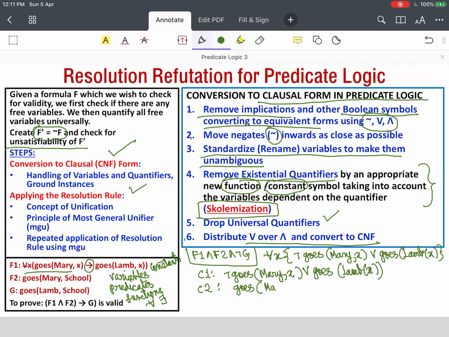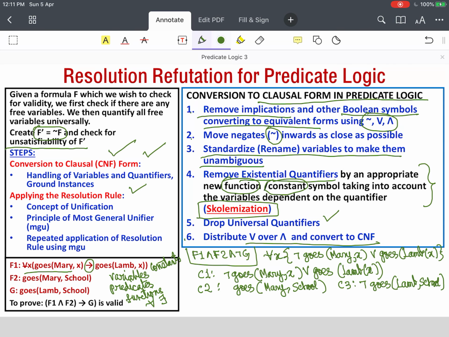From F2 we get our second clause, which is goes Mary school. And from not of G we get our third clause, which is C3, which is not goes lamb school. So we now have 3 clauses.